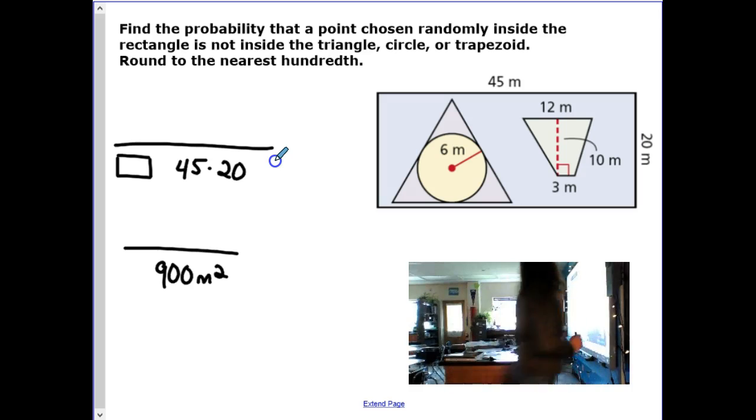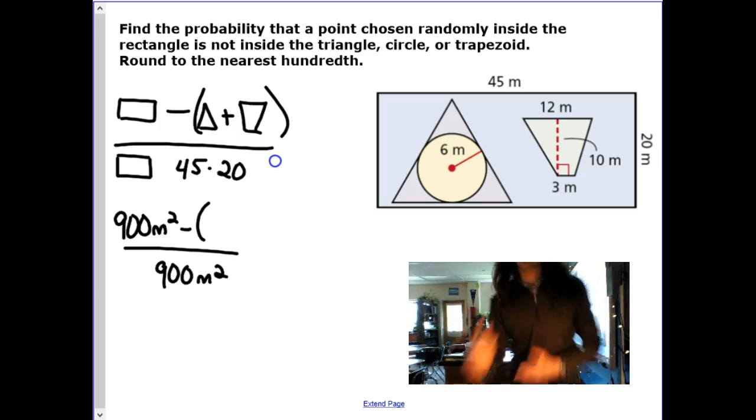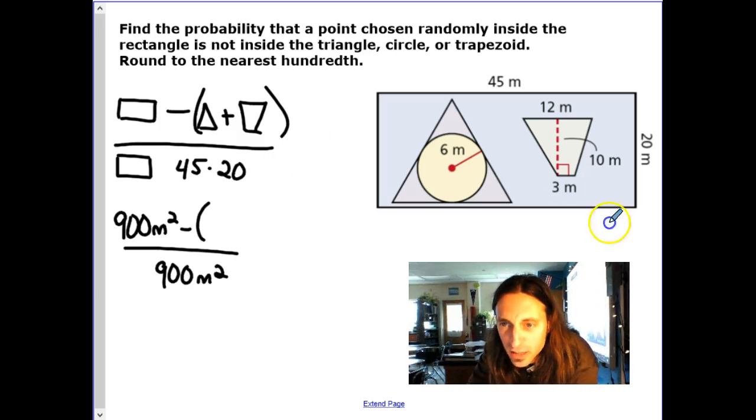So let's do that. I'm going to say rectangle minus triangle plus trapezoid. Okay, and I already figured out the area of the rectangle is 900 minus. Now, the area of the triangle. Oh, I'm going to have to think about that one for a second. Let's do the trapezoid.